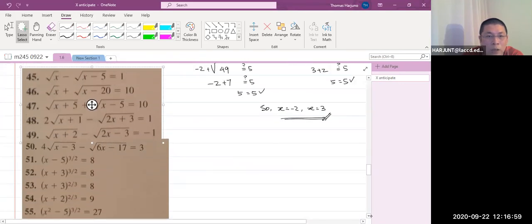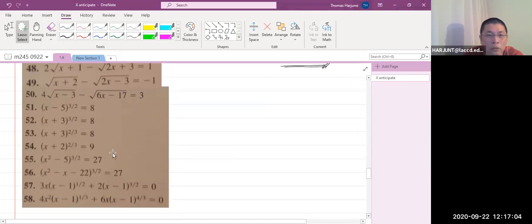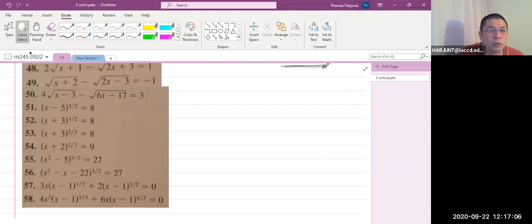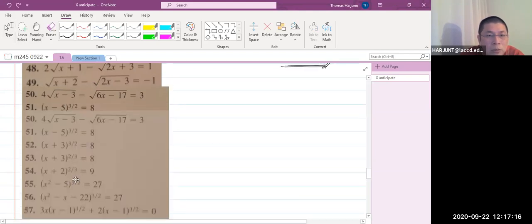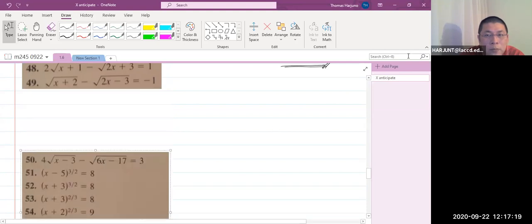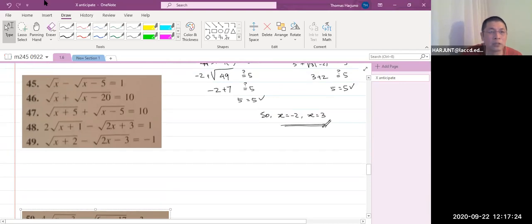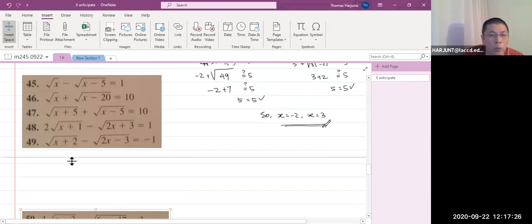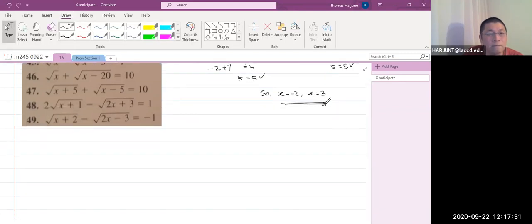Now what happens if we have two radicals, like number 46, for example? We will isolate one of the radicals, square both sides, and then isolate the other radical again.